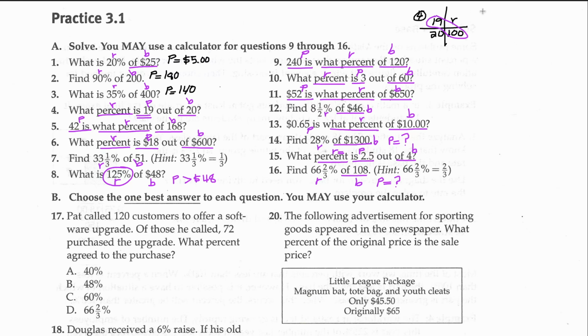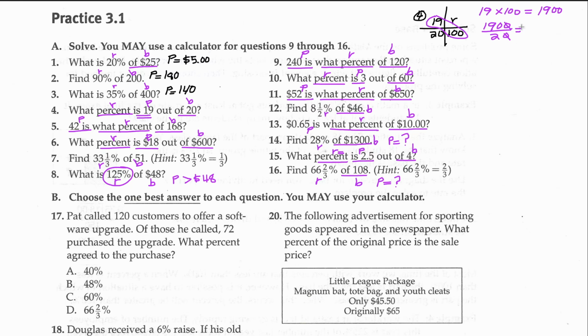So let's look at 19 times 100. That is going to be 1900. Now 1900 divided by 20. We may go ahead and cancel the 0 on the bottom and 1 0 on the top.